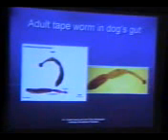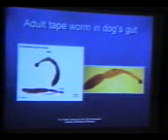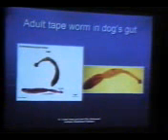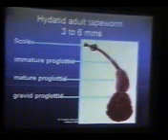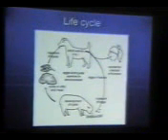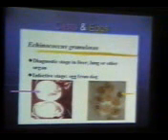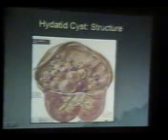That is the picture of the Echinococcus granulosus, adult tapeworm in the dog's gut. The life cycle, some of the pathological and microscopic specimens. That is the picture of the hydrated of the kidney. You can see these are the daughter cysts.